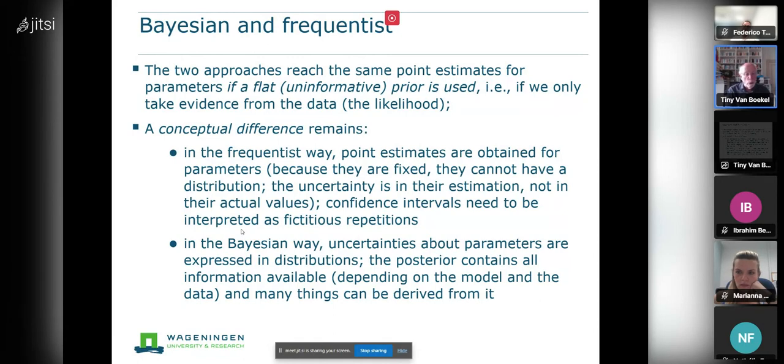It's what we imagine would happen if we would repeat experiments over and over again. And this is not true for the Bayesian way, because there the distributions really express our belief, or if you want, our degree of uncertainty about parameters. And it's also good to realize that this posterior contains all the information that we have. It depends on the model and it depends on the data. And once you have such a posterior, you can derive many things from it.